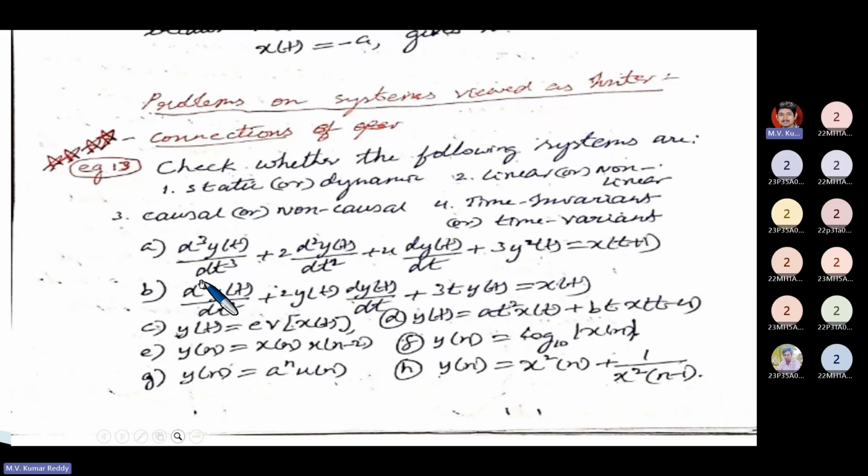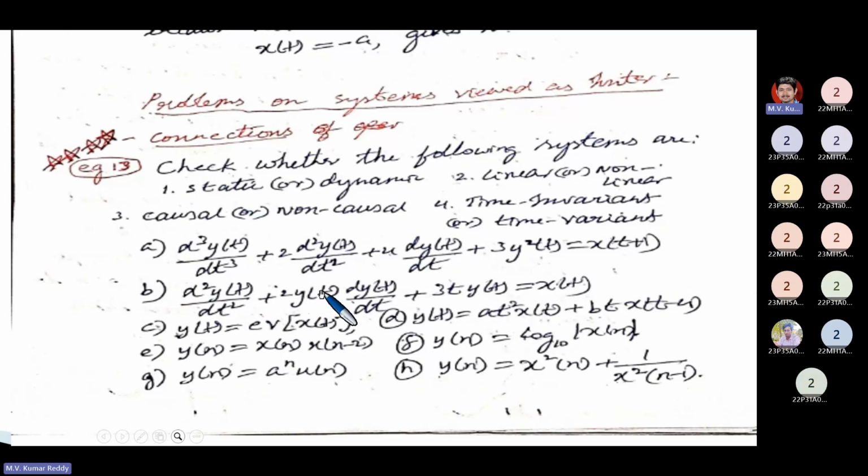Here one important point I want to tell regarding this one. Here we consider values, that is past, present, and future. Okay, what are the values? Past, present, and future.